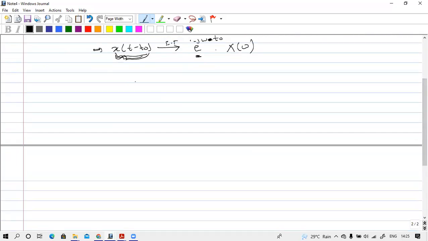So we know that for delta(t) the Fourier transform is 1.